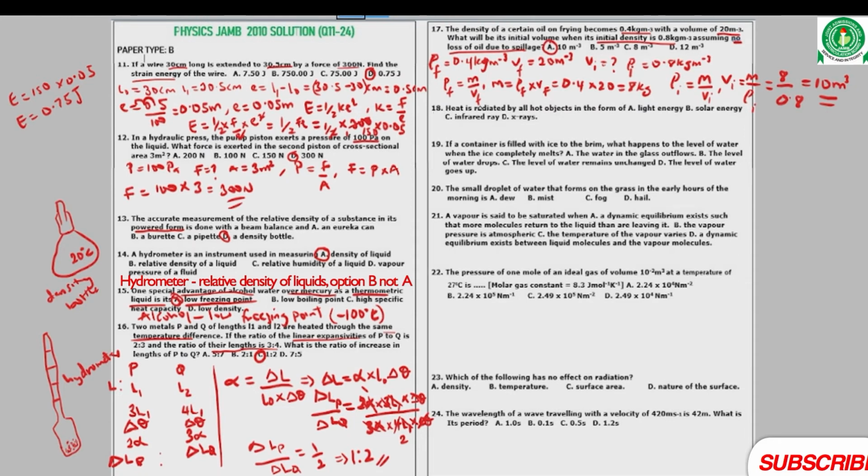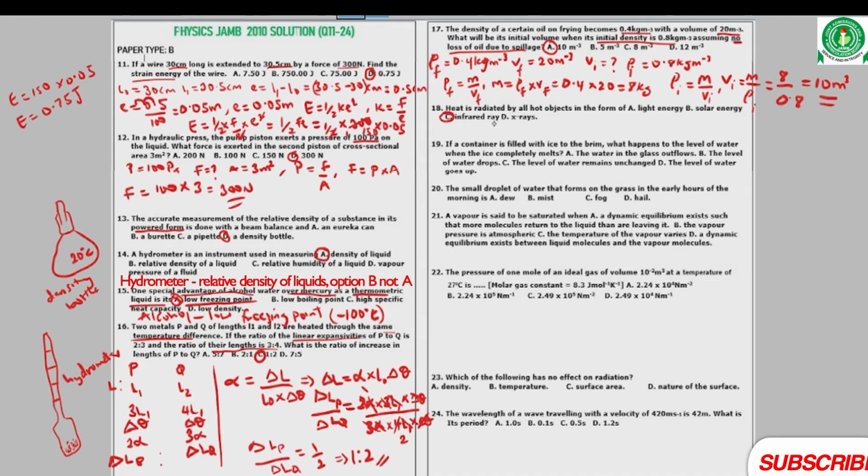Question number 18 says that heat is radiated by all hot objects in form of: A, light energy; B, solar energy; C, infrared ray; D, X-ray. Heat is radiated by all hot objects in form of infrared rays. What are infrared rays?